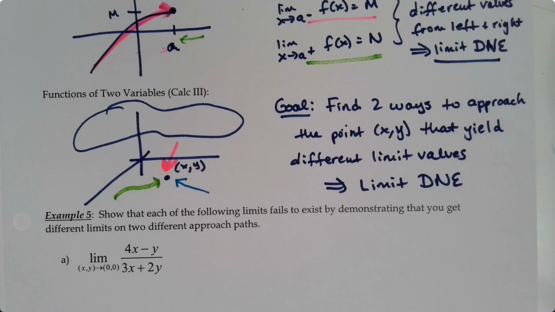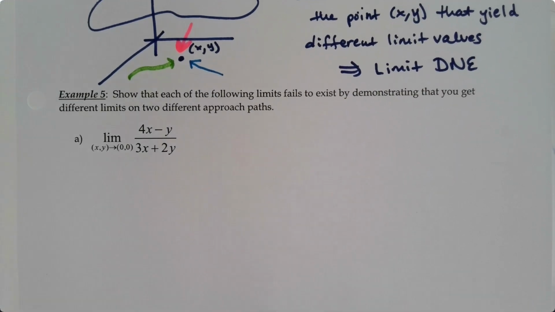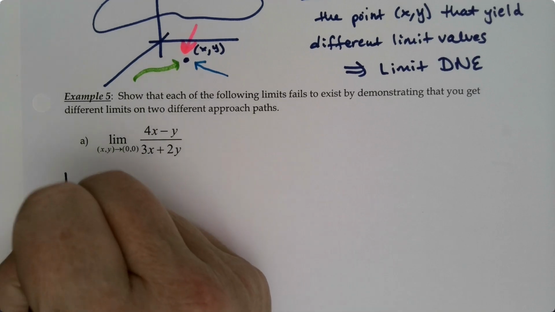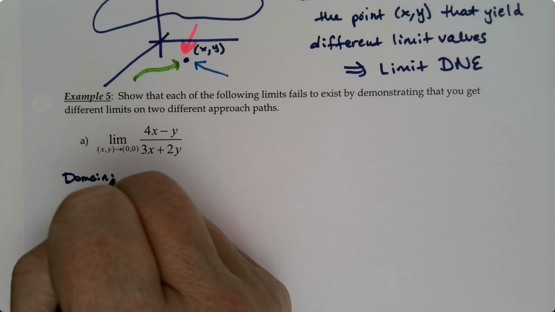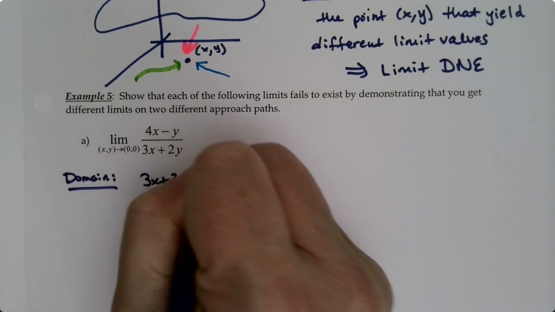All right, so let's see one, shall we? This is confusing. So let's show that each of the following limits fails to exist by demonstrating that you can get different limits on two different paths. And the hard part about these is finding the paths. All right, so domain. Just for starters, we remember that we cannot divide by 0, so 3x plus 2y cannot be 0.